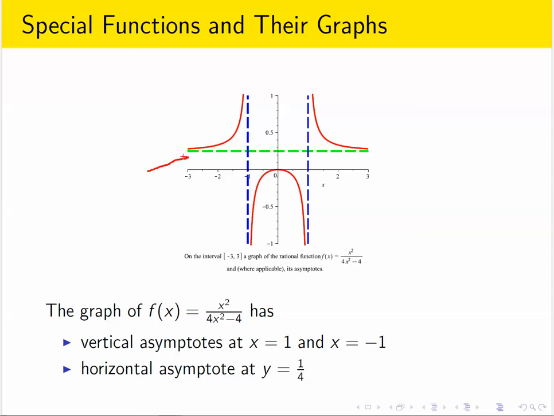This horizontal line that the function's graph hugs. And we can see from this graph that the horizontal line appears to be occurring at the value 1/4. Now, we were able to figure out the vertical asymptotes by asking when is the denominator 0. But we still have to discuss how we can figure out the horizontal asymptotes.